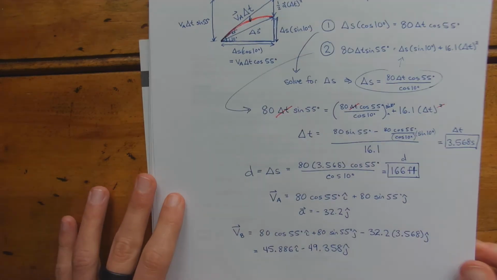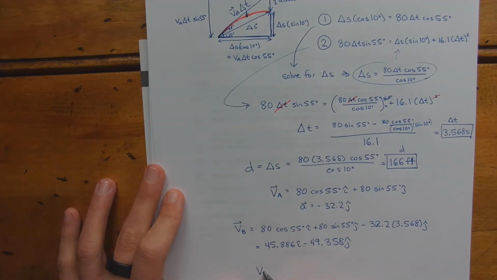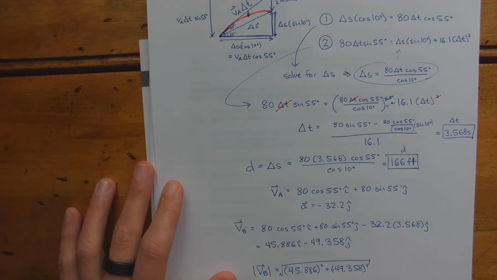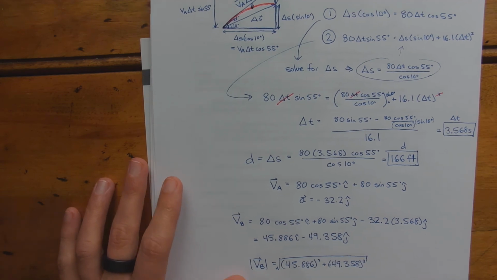So the final step would then be to find the final speed by squaring the x component, squaring the y component, adding them together, and taking the square root. Because you're squaring the y component, it doesn't matter that it's negative. You can stick the negative sign in the parentheses if you want. It's not going to change anything.